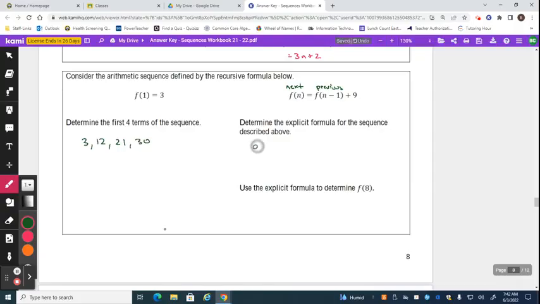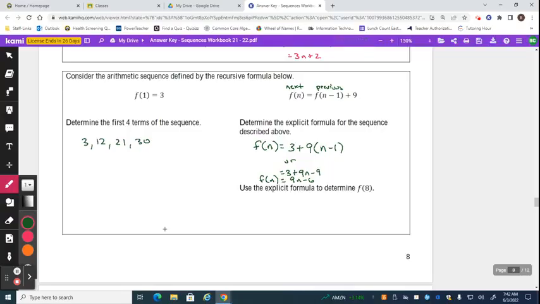The explicit formula to get the nth term, we're going to start at 3, and we're going to add 9 n minus 1 times. So we can have 3 plus 9 times n minus 1, or 9n minus 6.